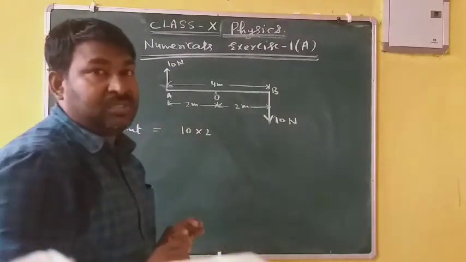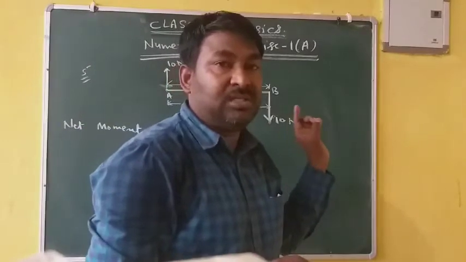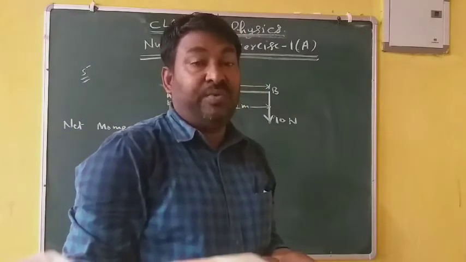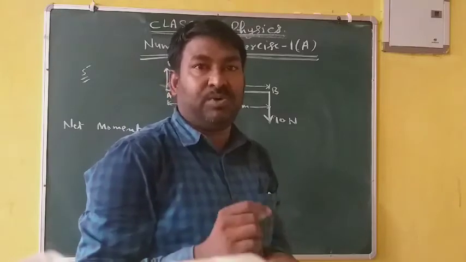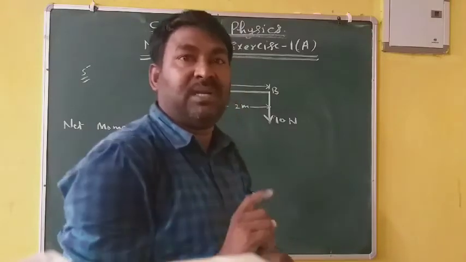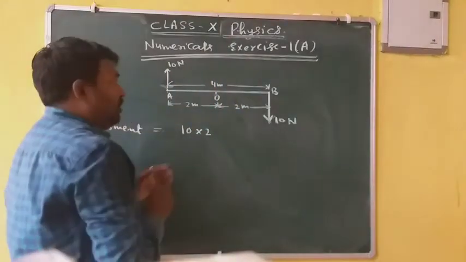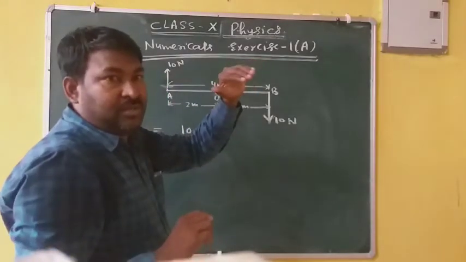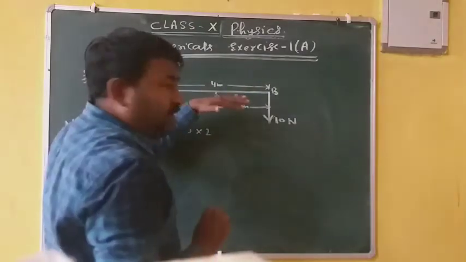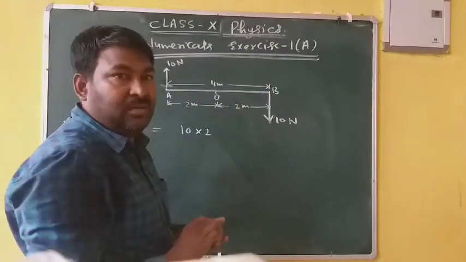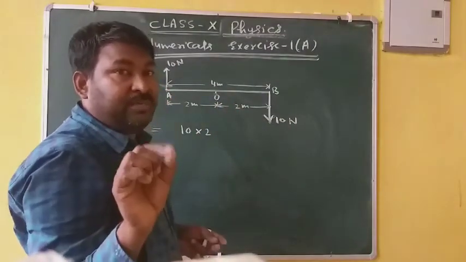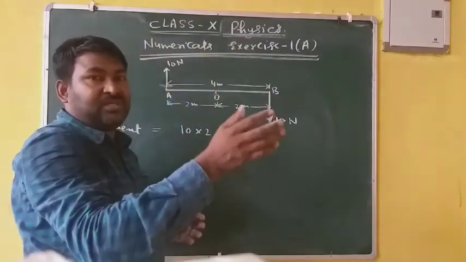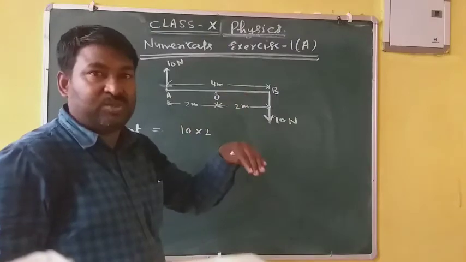Now the question is whether it is a clockwise moment or anti-clockwise moment. We take anti-clockwise moment as positive and clockwise moment as negative. If this force is trying to rotate the rod about the pivoted point along clockwise direction, then the moment is said to be clockwise moment.